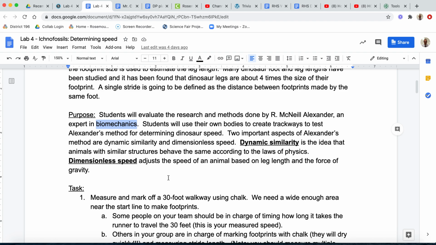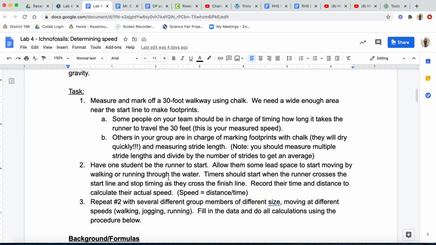What I would like to do is spend time walking through the process, okay, and how to do this. So whether you're at school or at home, you need a 30-foot area in a straight line because you're going to be doing some running and jogging and walking. If you have chalk or tape or something like that to mark off the starting line for your 30-foot area and your end line, you're going to need to do that.